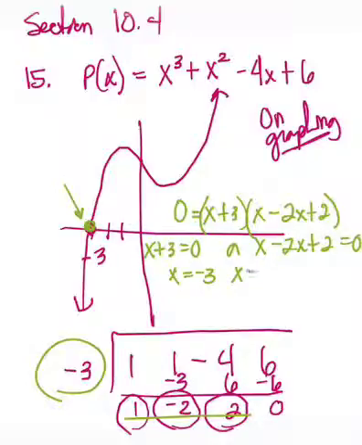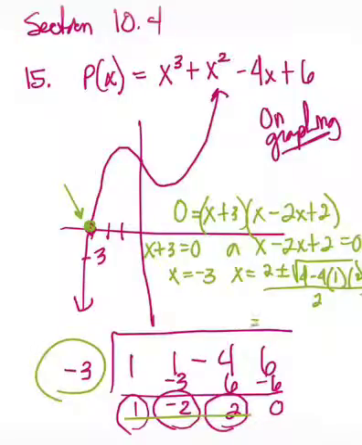So x is going to equal the opposite of b, which is going to be 2, plus or minus the radical of b squared, which is 4, minus 4 times a, which is 1, times c, which is 2, over 2, right? So x is going to equal 2 plus or minus the radical of 4 minus 8, so that's going to be -4, over 2.